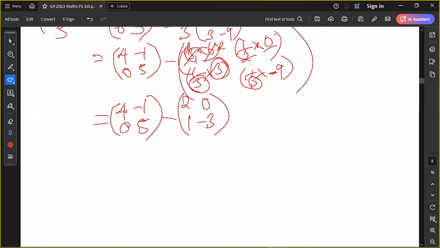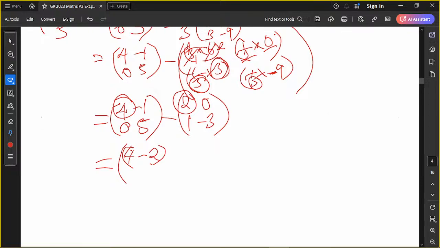Then we subtract. So to do this, we're going to come up with a big matrix. When you're subtracting, corresponding elements are the ones we subtract. So this 4 will subtract with this 2. So we say 4 minus 2, we can put them in mini brackets.